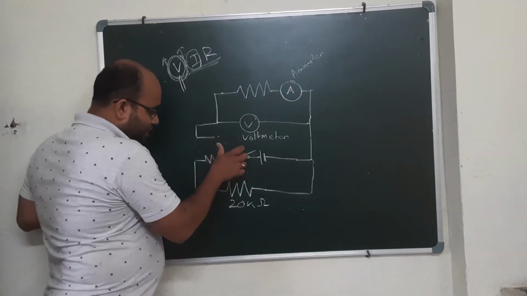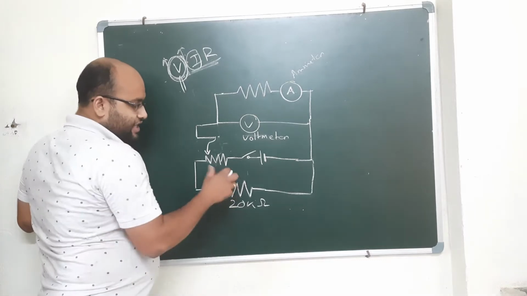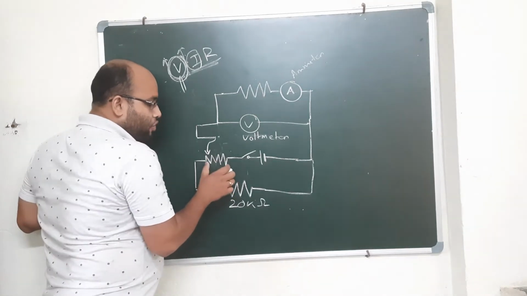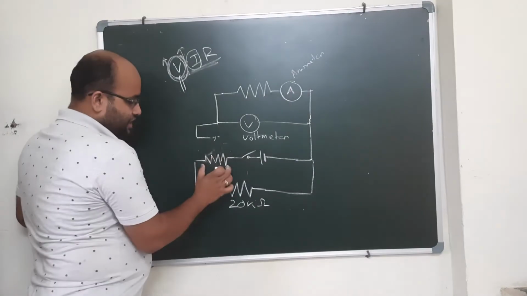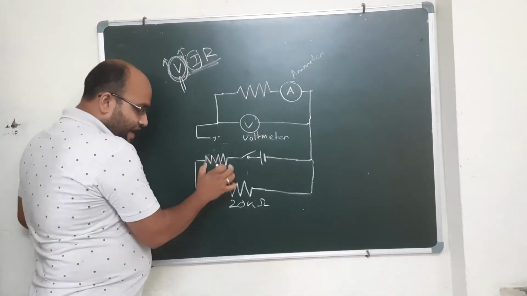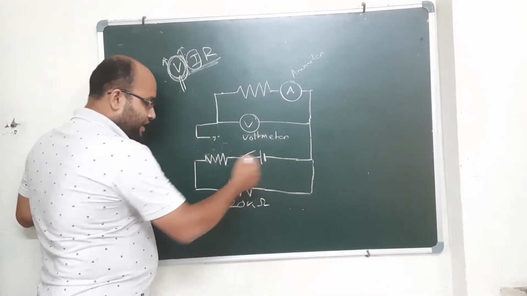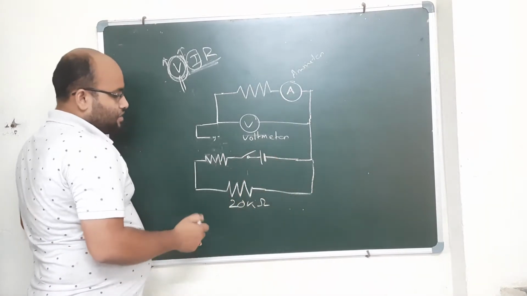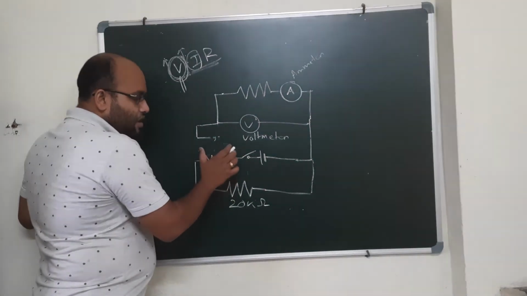Now if you move this pointer from here to here, then I'll get a more potential drop. Why? Because the potential is of a finite amount that is dropping over here due to the current flowing through this circuit.